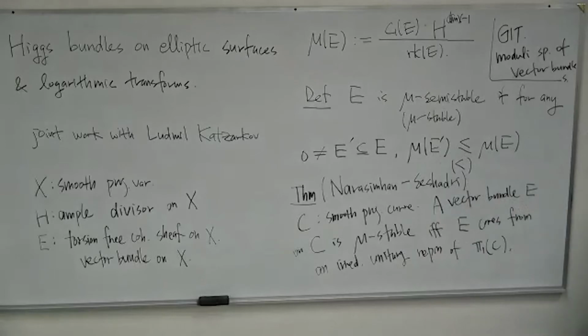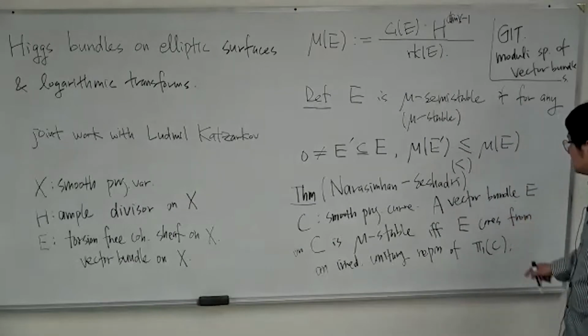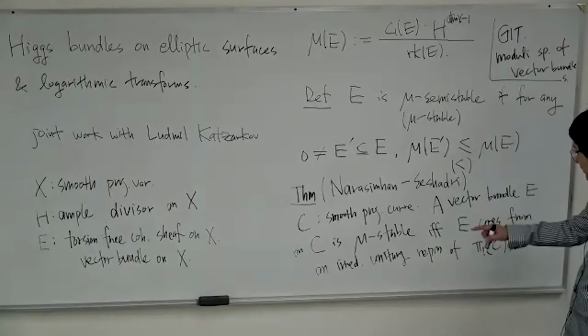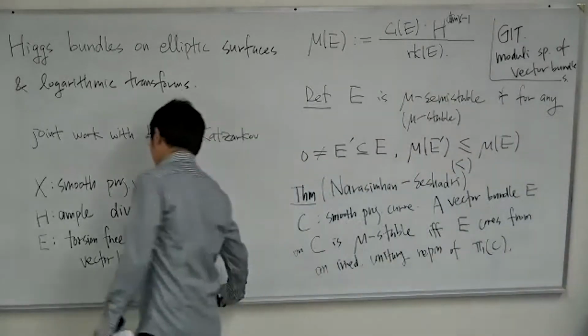When a vector bundle comes from a unitary representation, then it is stable, and we can prove it in both directions.